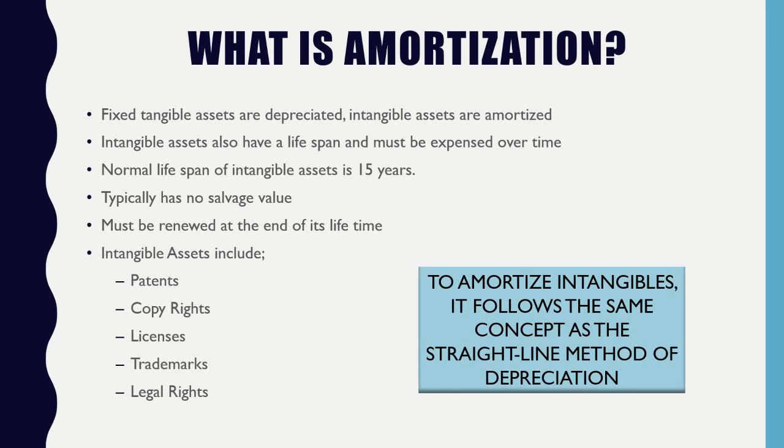It's going to be identical. We're going to spread its cost evenly across its total lifespan. And of course there's no salvage value, so at the end of its life it should be 0.